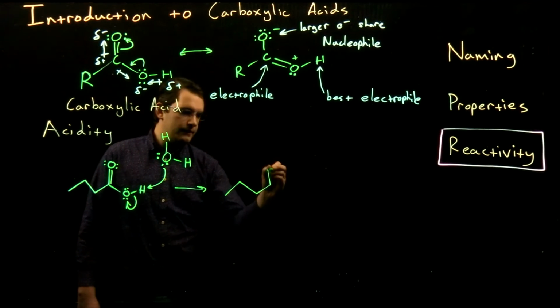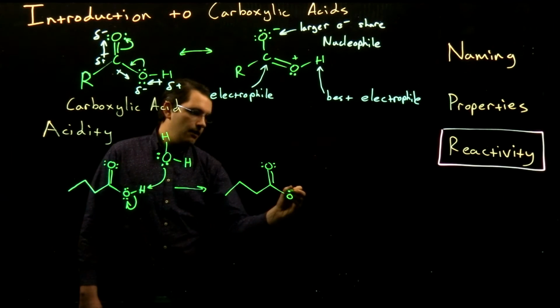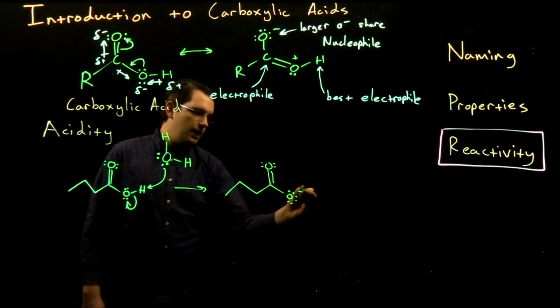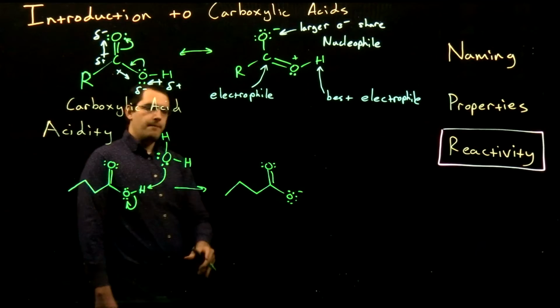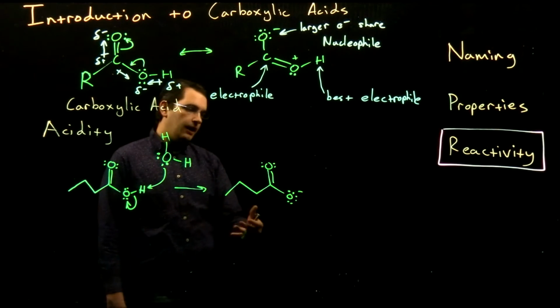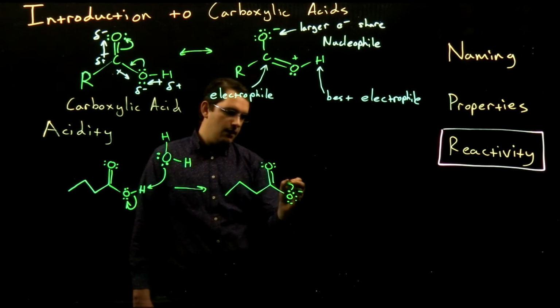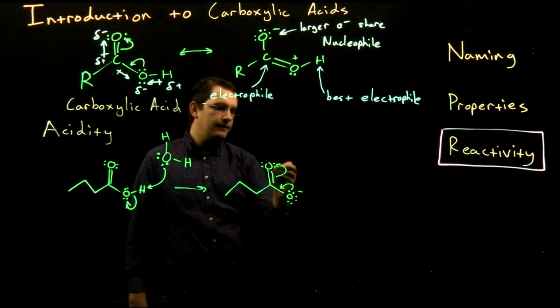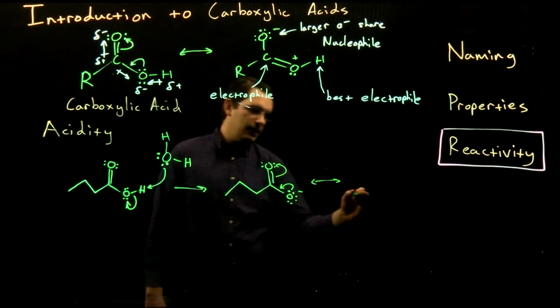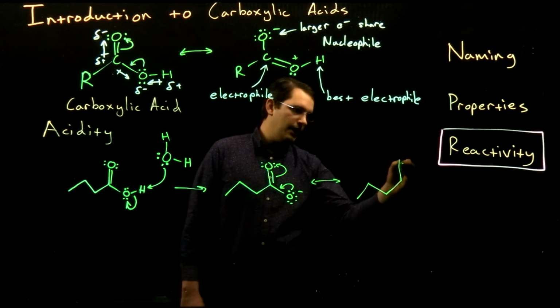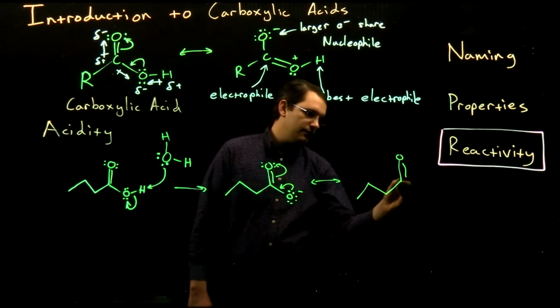And this will then produce our conjugate base here with our negatively charged oxygen. Of course, as we know, one of the things that makes this more acidic, of course, is that resonance, where once we form this conjugate base, we can then stabilize that negative charge by sharing it out between our two oxygens.